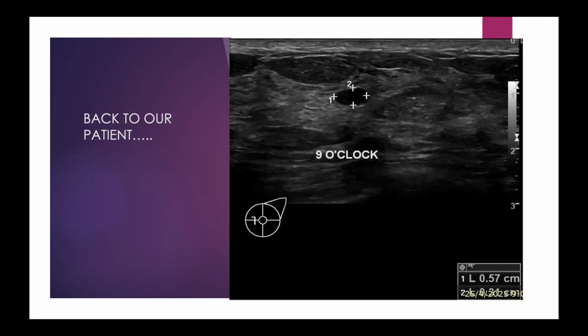Anyone else? We have a facility for contrast enhanced mammogram. This is a good idea, to do contrast enhancement.